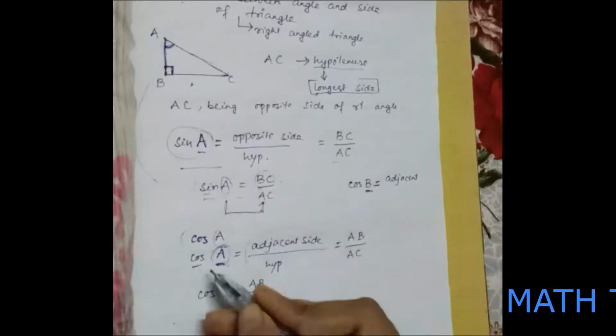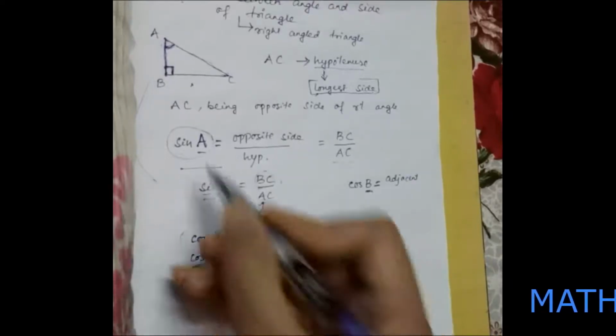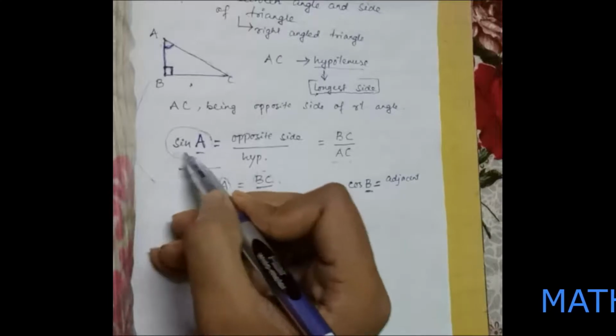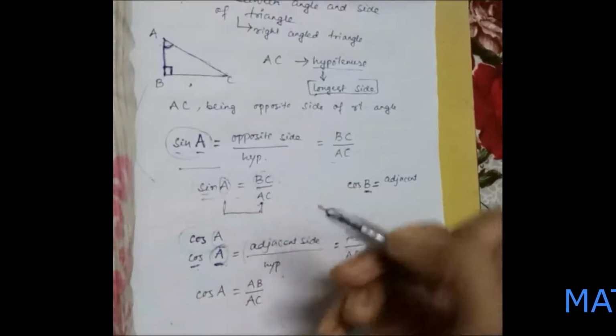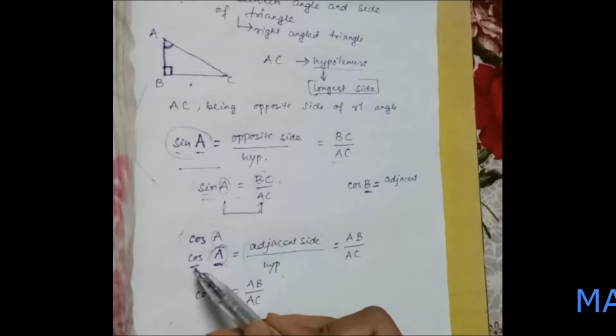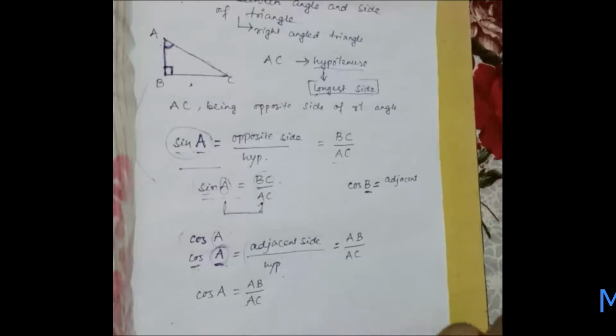The definition of cos is adjacent side by hypotenuse. Same for sine: the definition of sine is opposite side by hypotenuse. So cos has the definition of adjacent side by hypotenuse.